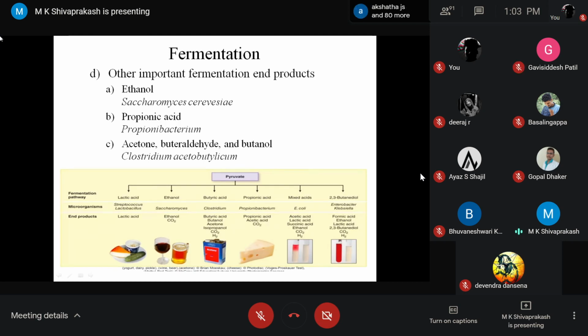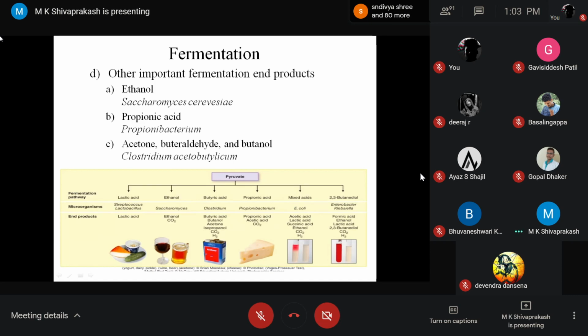Now, in these fermentative organisms, how they are economically important: in the production of lactic acid, in the production of dairy products like curd, yogurt, then cheese, and so on. They are also important in the pickling industry and sauerkraut making. Next, ethanol production: alcohol producing organisms are important in wine production, beer production, alcohol production and so on.